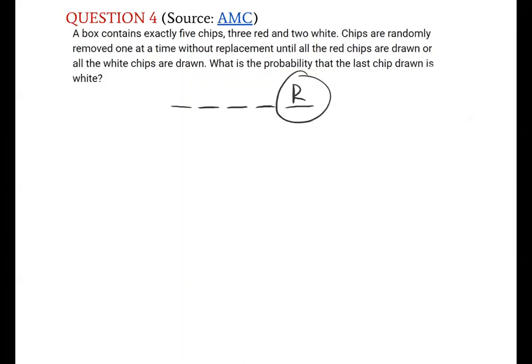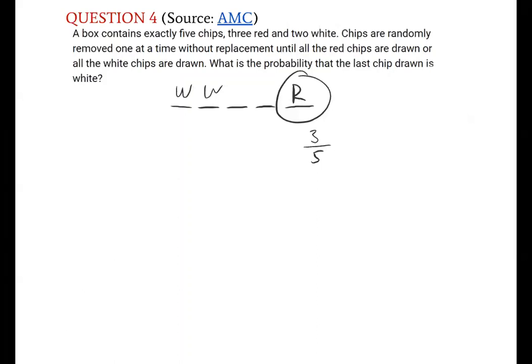So basically your last chip has to be red, and the probability of the last chip being red is just 3/5, since you have 3 red chips. If your last chip is red, then that guarantees that there are 2 white chips anywhere in the first 4 draws.